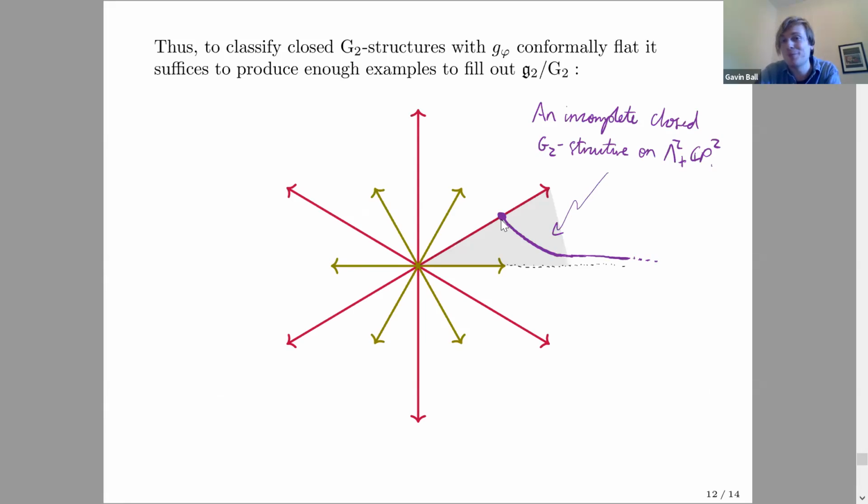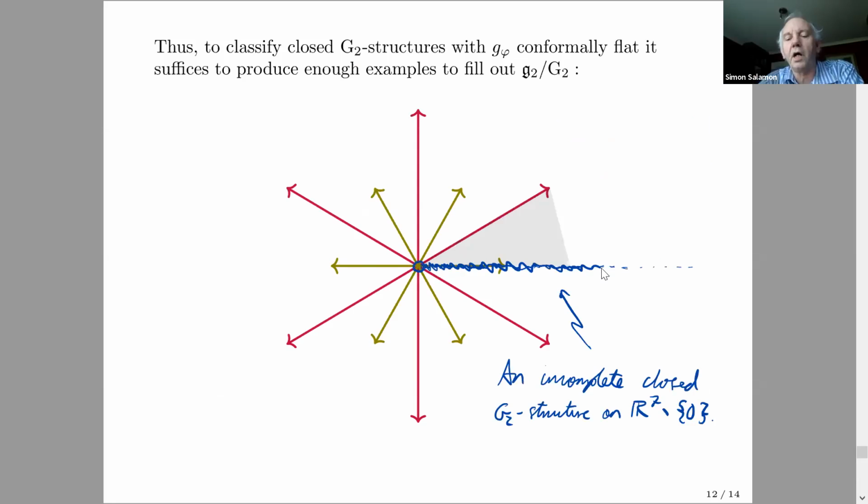For this purple G2 structure here, this is the zero section in this lambda 2 plus of CP2, and this is the point where the torsion has a U2 plus stabilizer, as I called it. And then for this other G2 structure, this blue one, this has the U2 minus. Okay, I see. Exactly. Thanks.